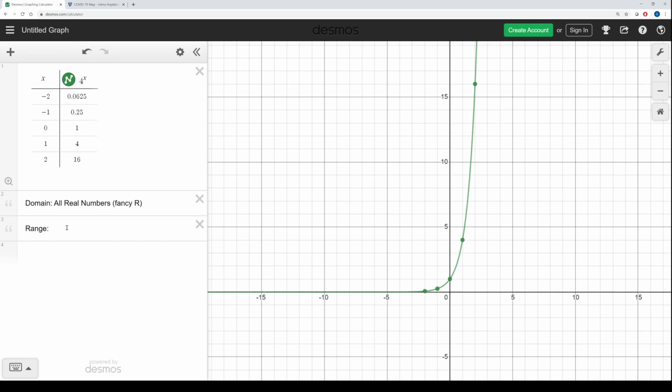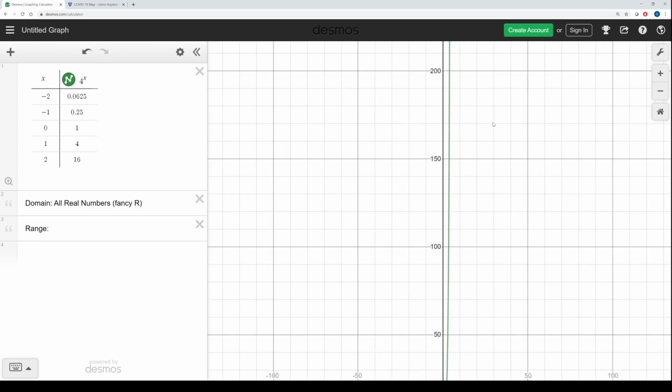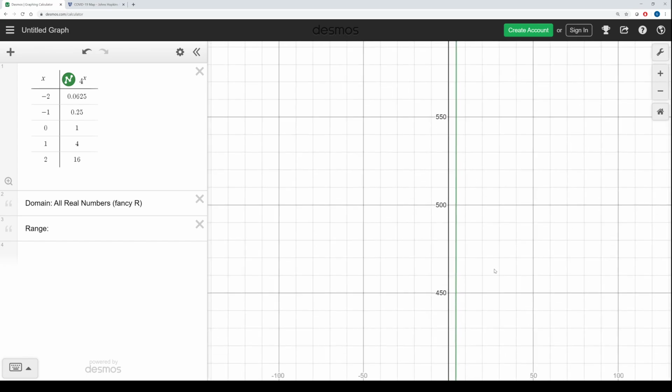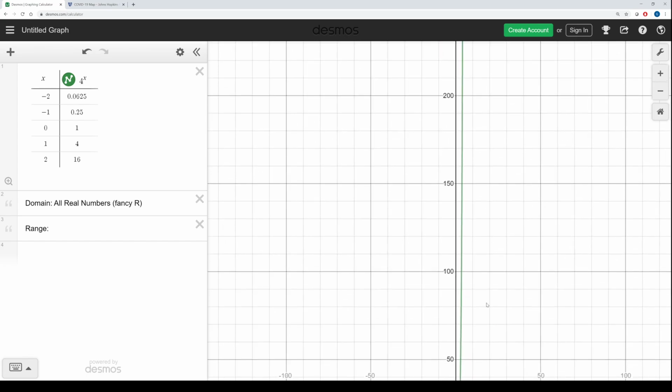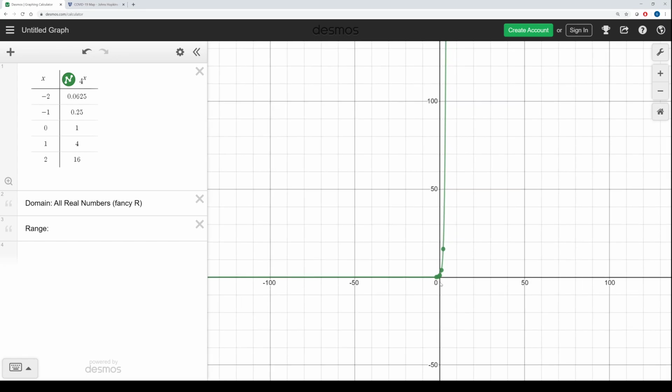You might be tempted to type all real numbers in here as well. That would suggest that it goes up forever and it goes down forever. Does the function go up forever, up to infinity? Yes, we could zoom out here and it would keep going up and up and up. Okay, it does do that.